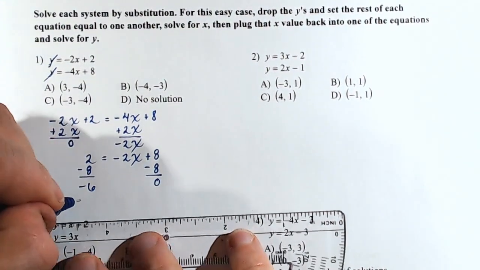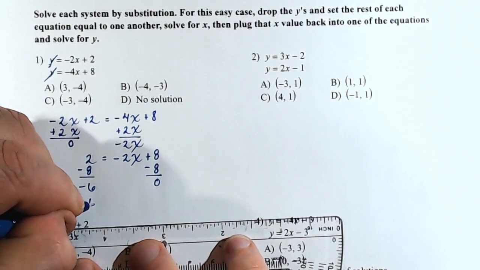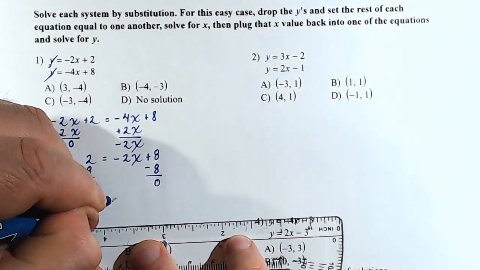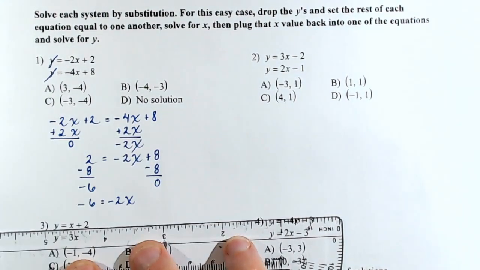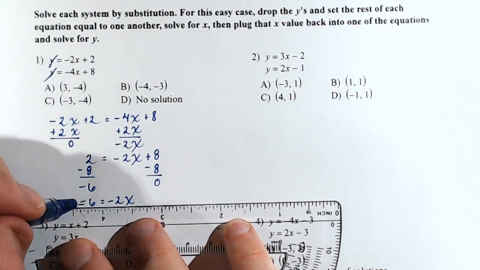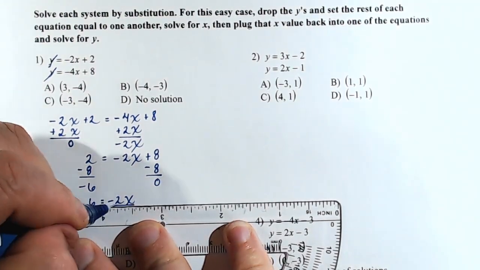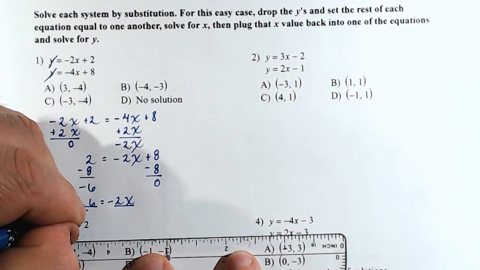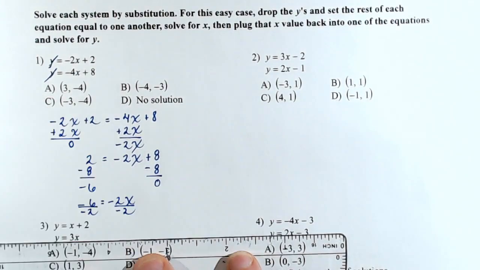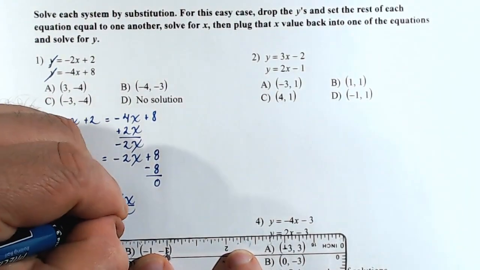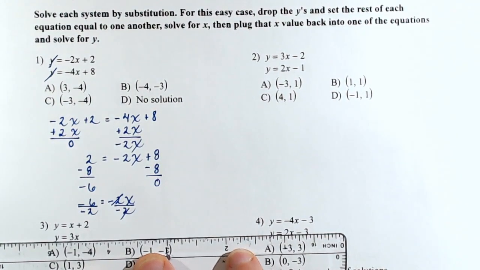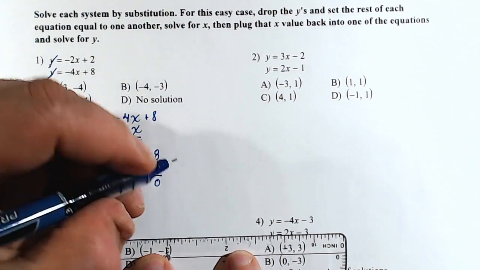So now I have negative 6 equals negative 2x. To get x by itself, I'll divide both sides by negative 2. On the right side, the negative 2's cancel. And on the left side, negative 6 divided by negative 2 is 3.